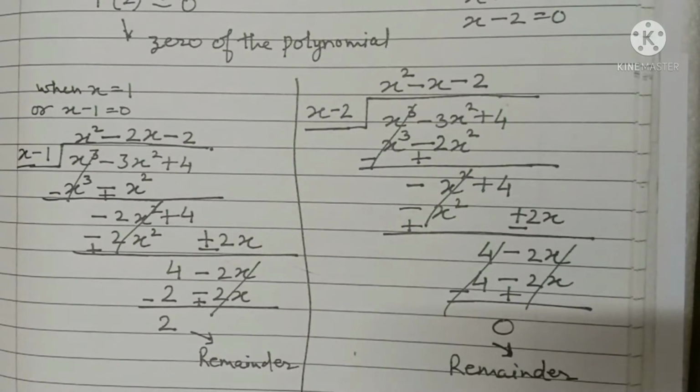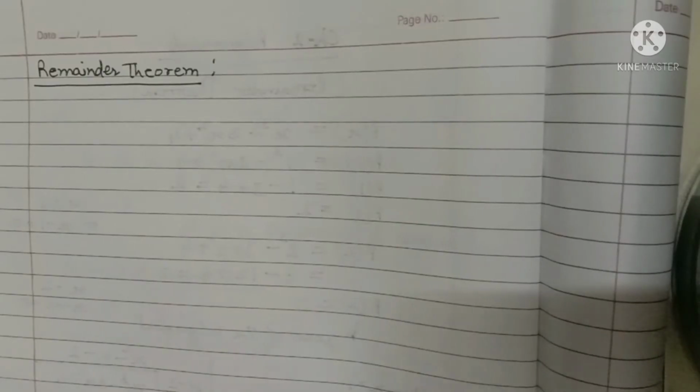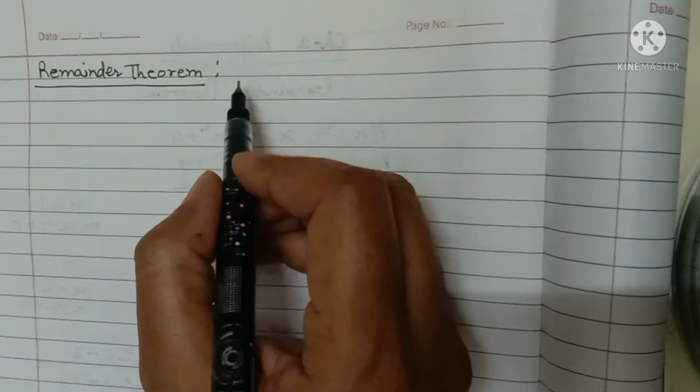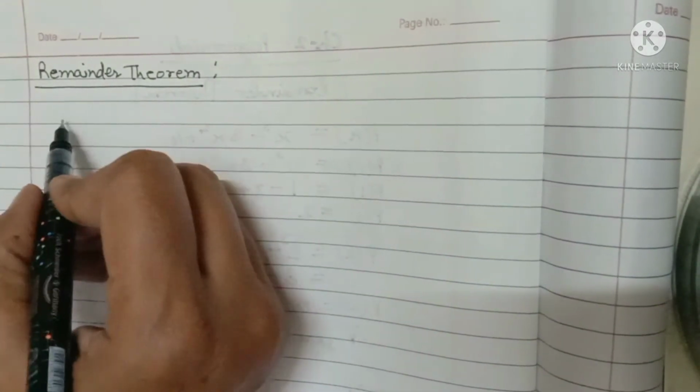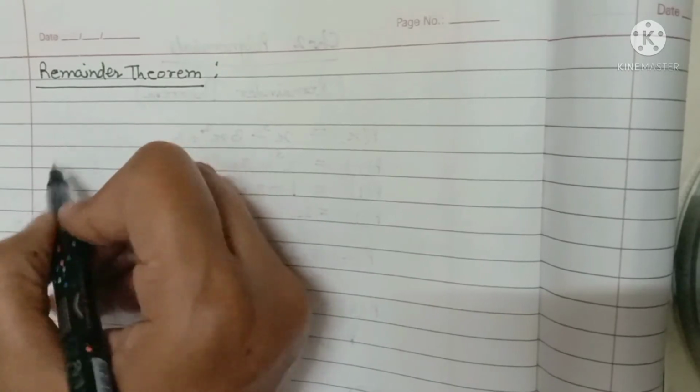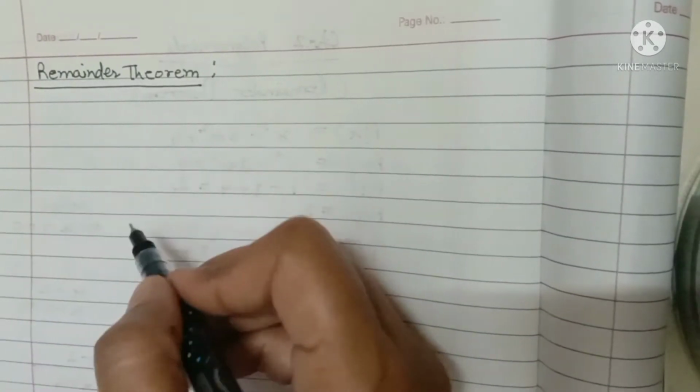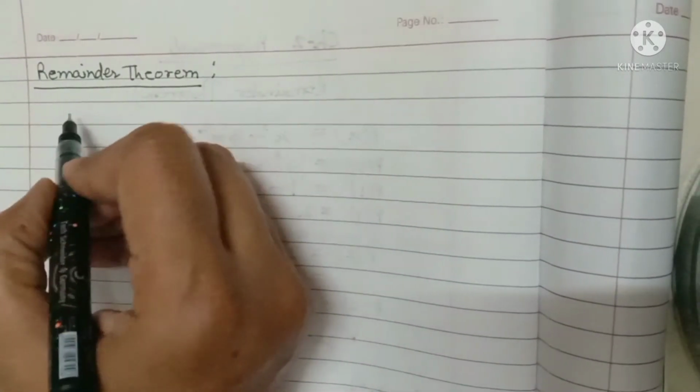Now come to the next point. Now what is the remainder theorem? So first we are writing here the remainder theorem, then we will discuss the actual meaning of the theorem.